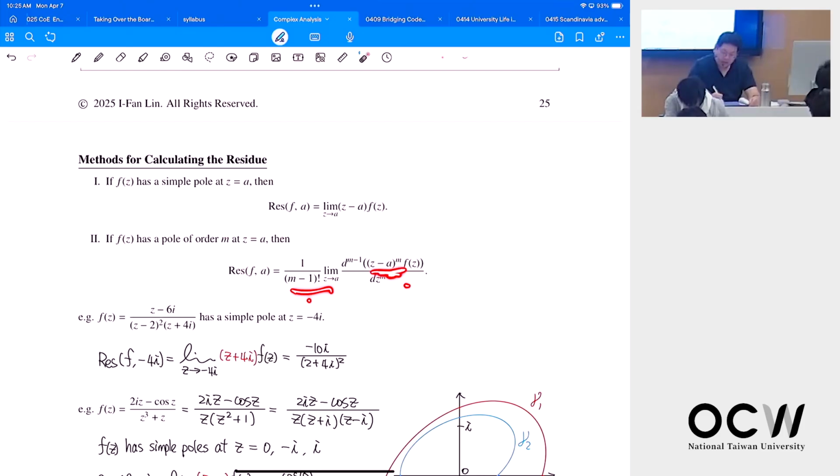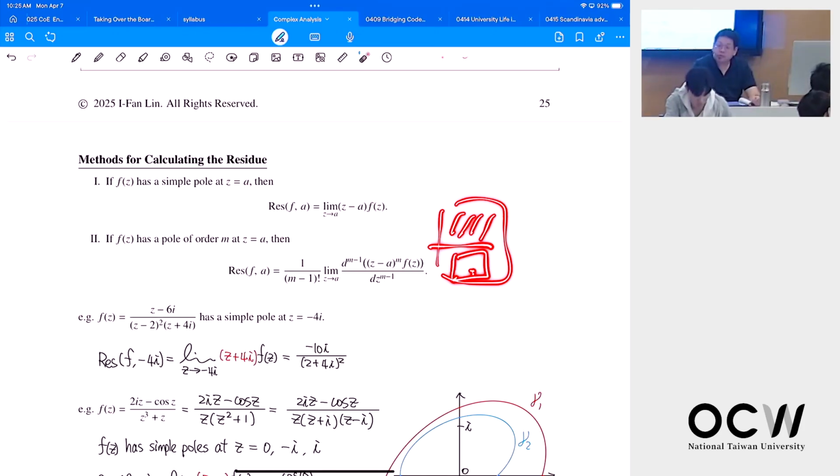So how do you remember this? Remember that I have to cancel out the denominator when z goes to a. Otherwise, your fraction will still go to infinity. So I need to cancel this part.